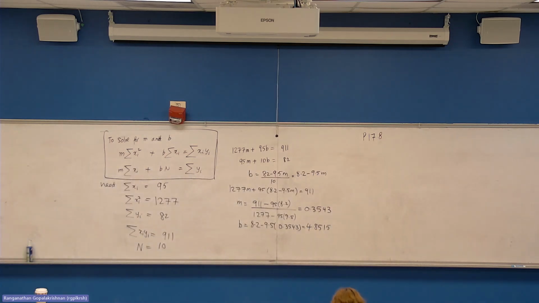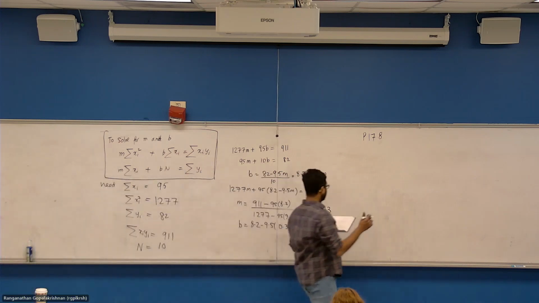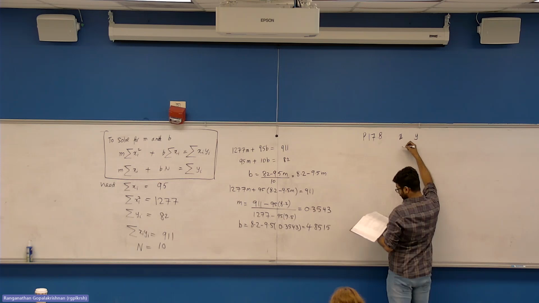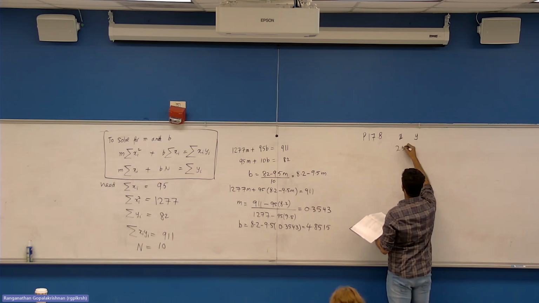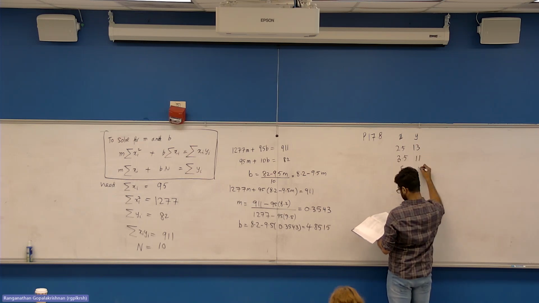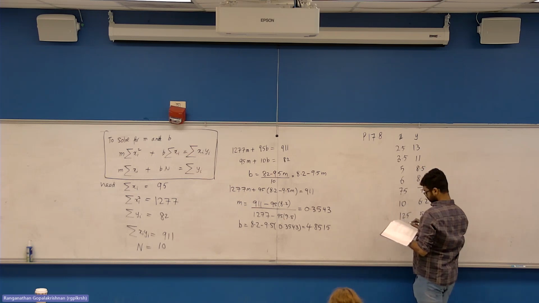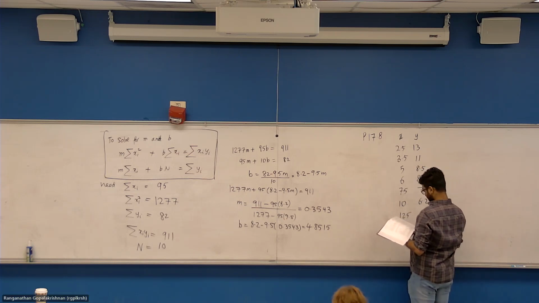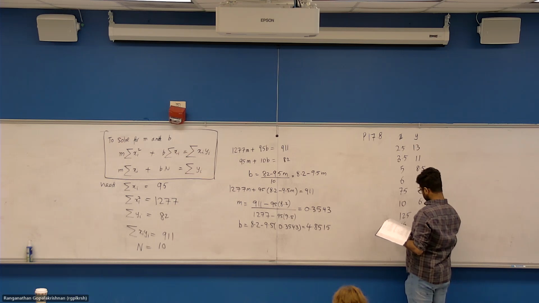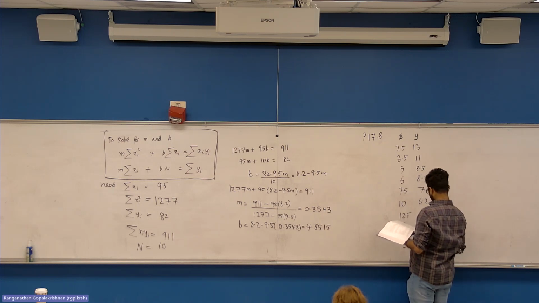I'm going to write it down. X, Y. You might as well enter this in your Excel if you want. 2.5, 13; 3.5, 11; 5, 8.5; 6, 8.2; 7.5, 7; 10, 6.2; 12.5, 5.2; 15, 4; 19.1, 4.6; 20, 4.